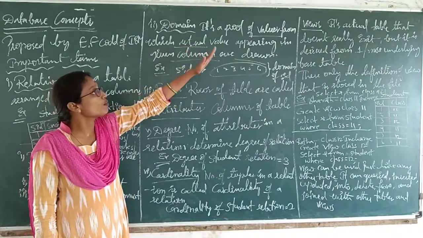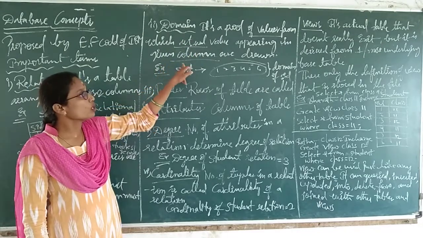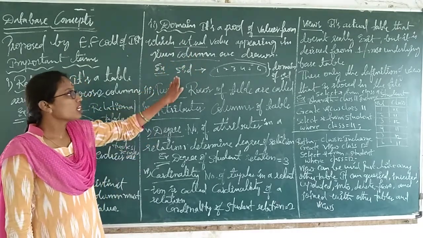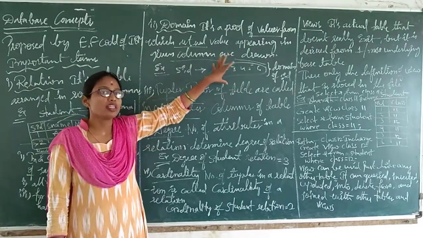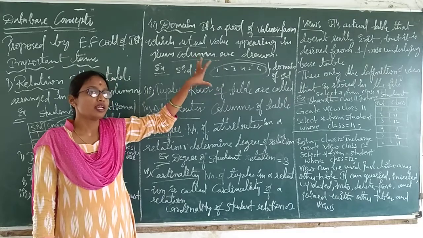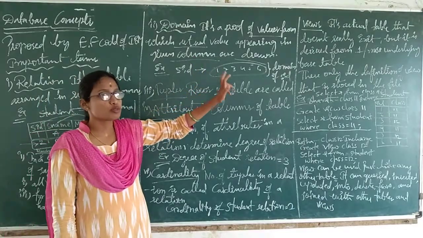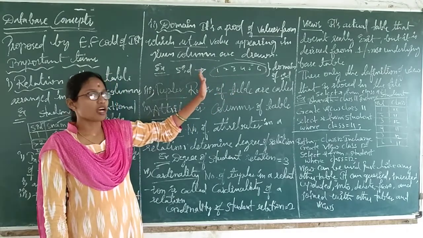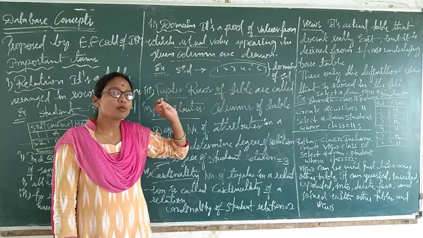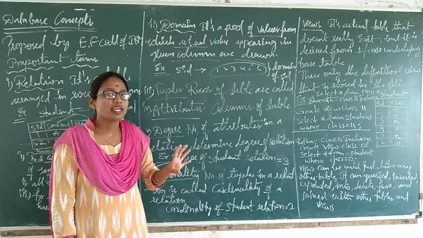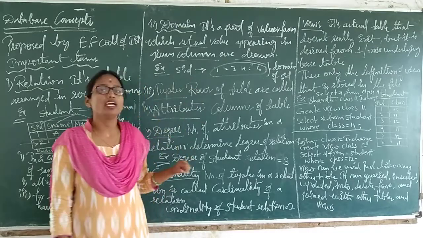It is a pool of values from which actual values appearing in given columns are drawn. Example, student ID 1, 2, 3, 4, 5, 6, all the student IDs in the student relational table. With the help of the domain, we are selecting and accessing the particular student details.